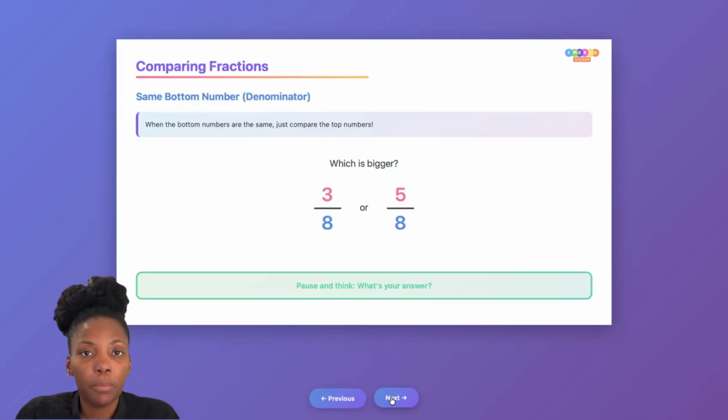One of the only times that we can use the denominator to determine the size of the fraction is when the denominators are the same. And remember, denominator is our bottom number. So when the bottom numbers are the same, you can just compare the top numbers. So having a look at these fractions in front of us, which one is bigger? Pause the video and work out your answer.